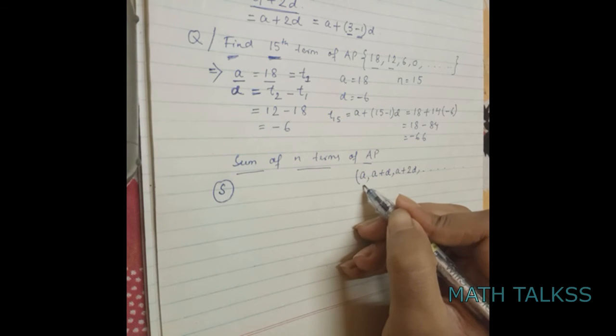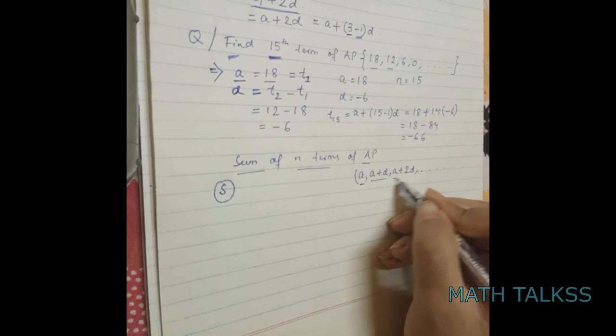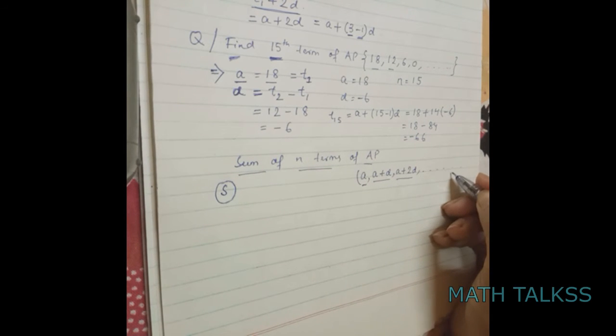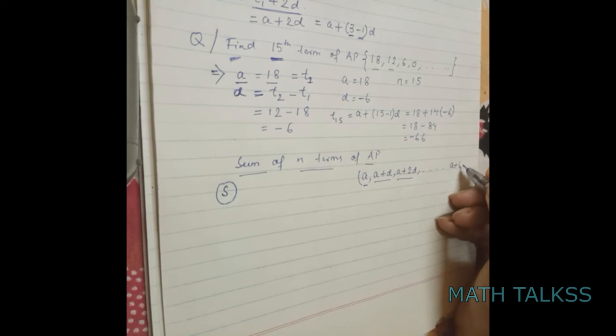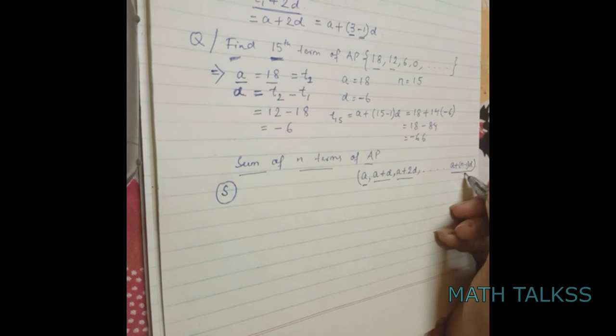To find the sum of an AP, we have to add the first term, second term, third term up to the nth term, a plus n minus 1 d.